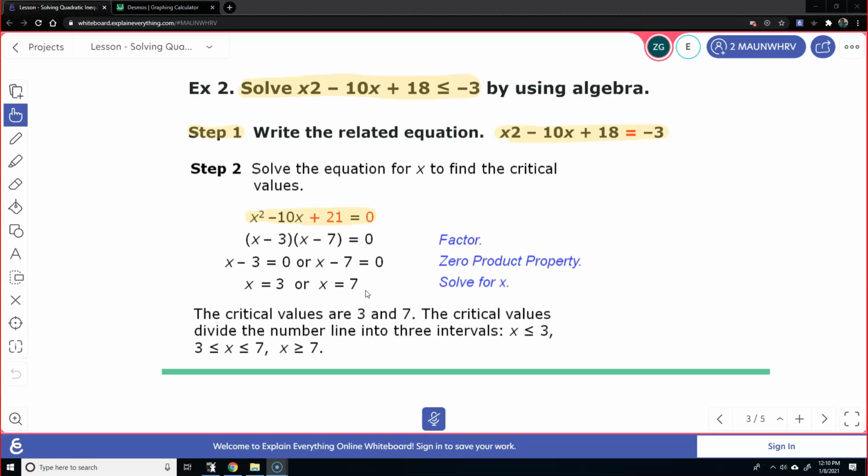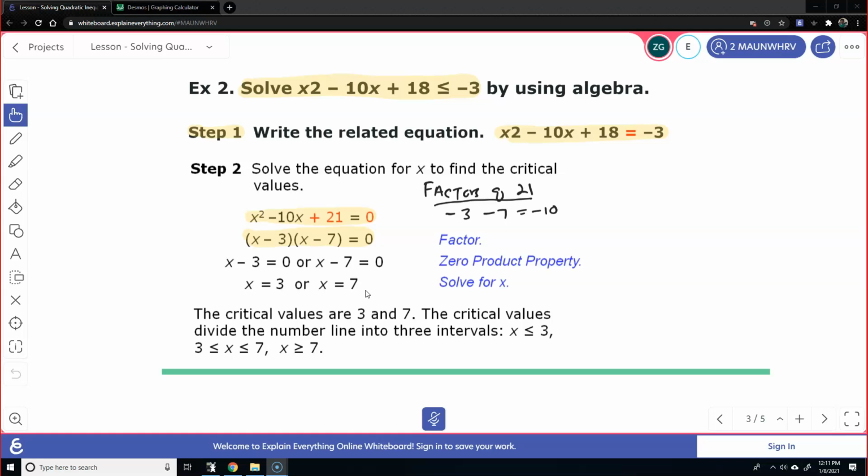The next part is you have to find the factors of 21 that will add up to be the middle coefficient. In this case, it's -3 and -7. When you add, you get -10, and when you multiply, you get 21.